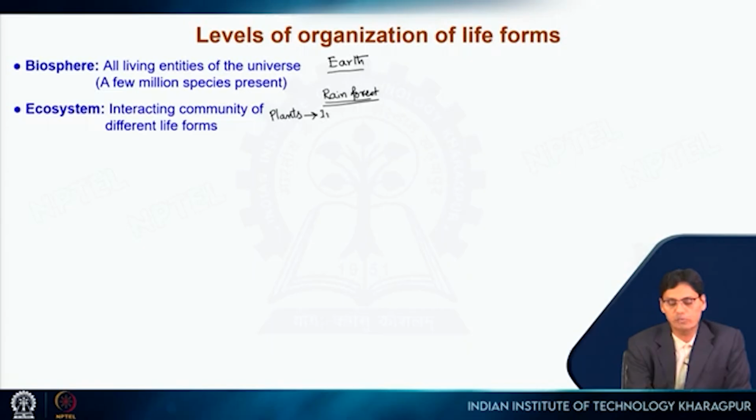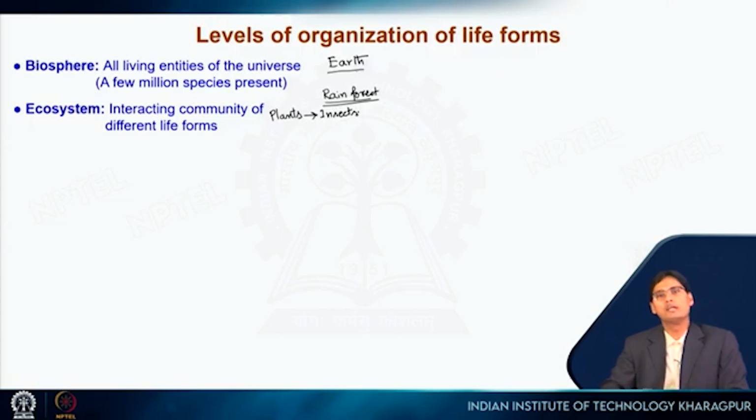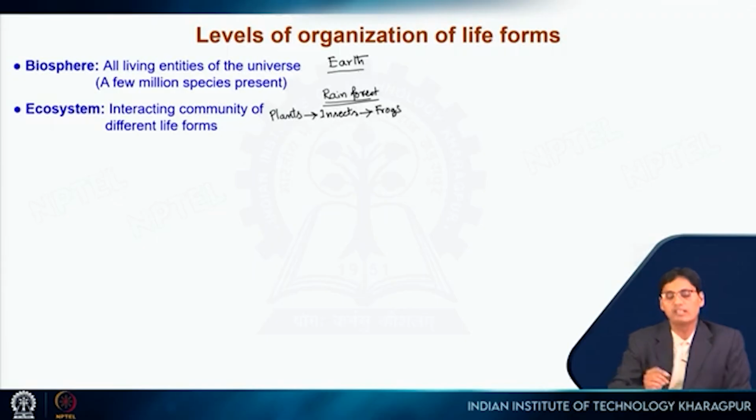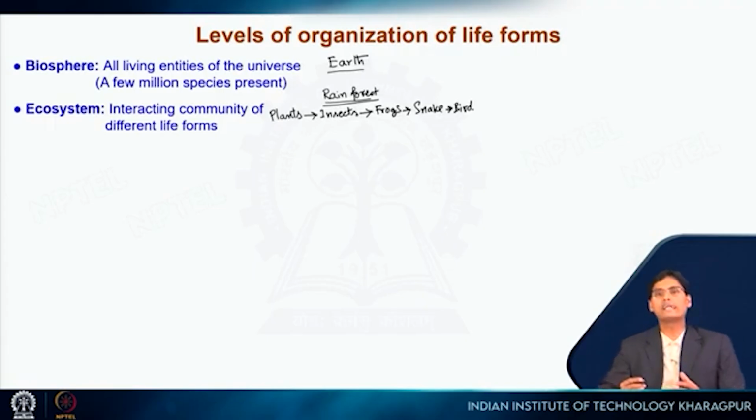Then other animals, for example frogs, can depend on insects, followed by snakes and birds. All those living entities depend on each other, and at the end they will die also at some point.